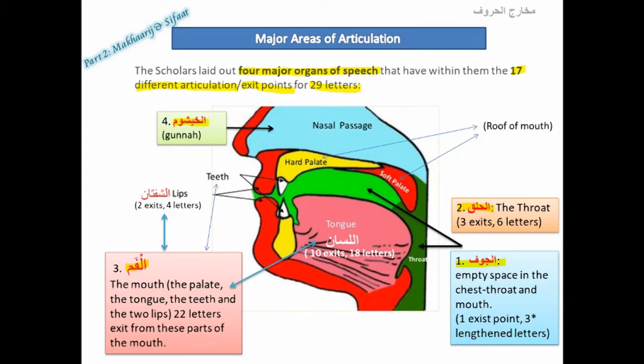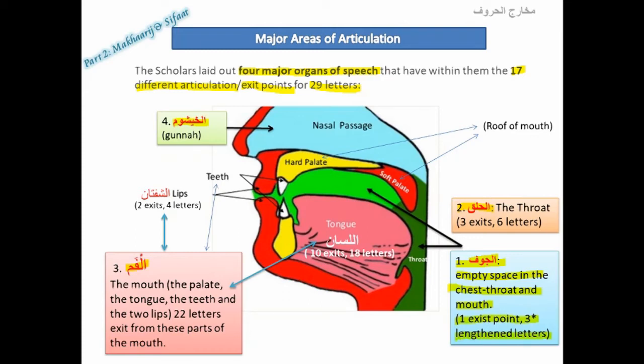al-jawf is the empty space. The first one is al-jawf, the empty space in the chest, throat, and the mouth. There's one exit point, and 3 of the lengthened letters come from this specific organ of speech.